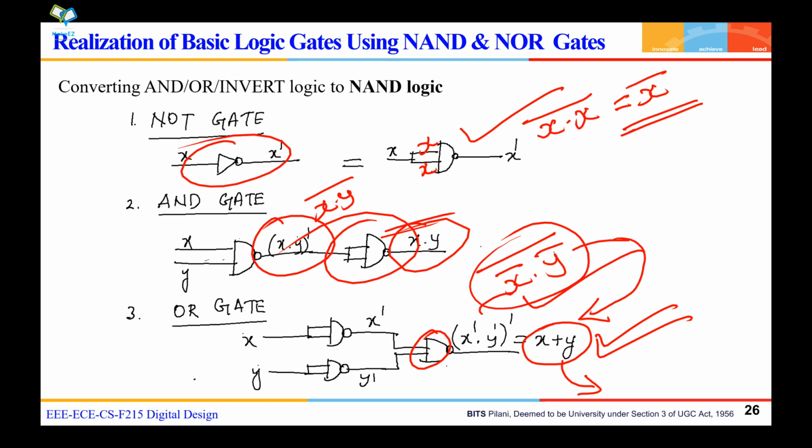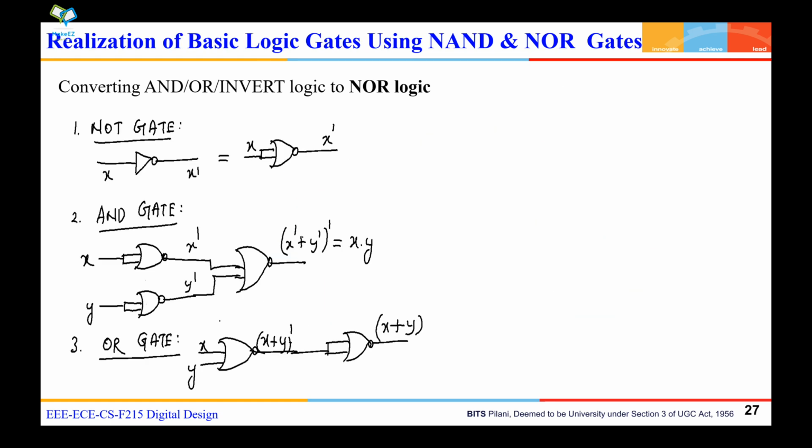Similarly, you have another gate called the NOR gate, and the NOR gate can be used to implement the NOT gate, the OR gate, and the AND gate. See here, this is a NOT gate, right? The NOT gate gives x bar for the input x.